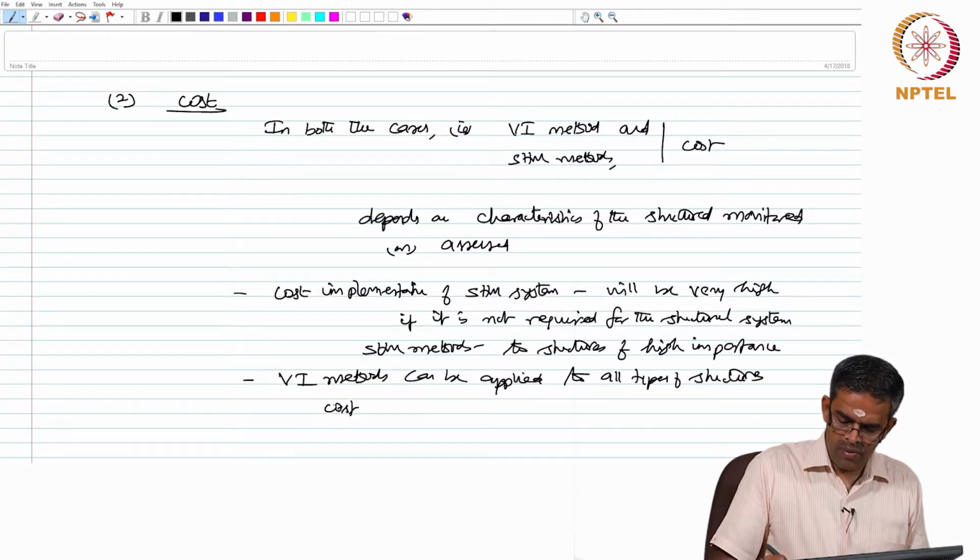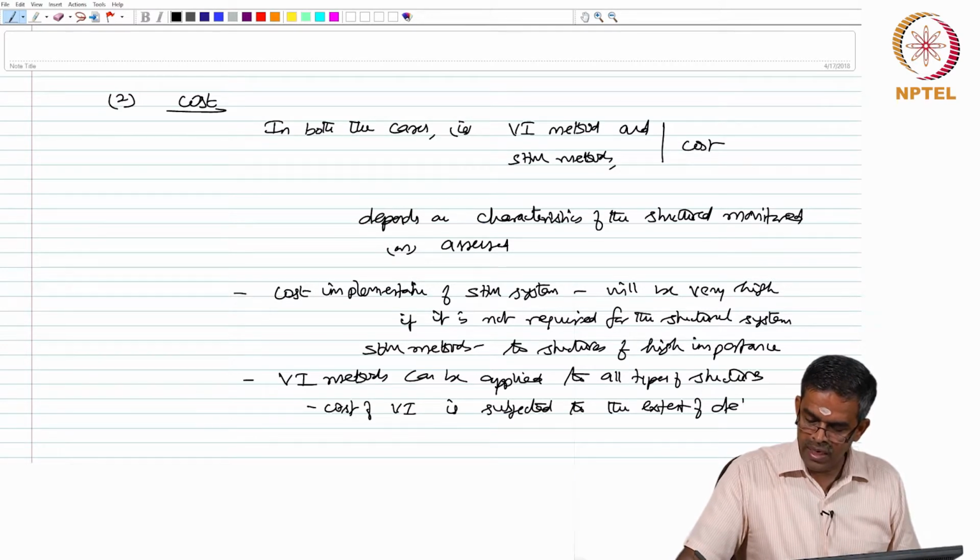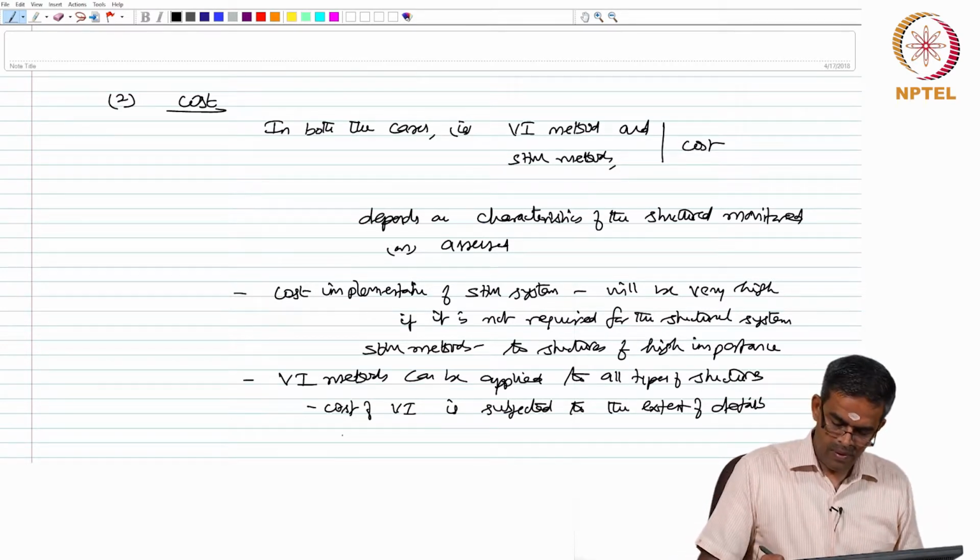The cost of visual inspection is subjected to the extent of details required from the visual inspection.